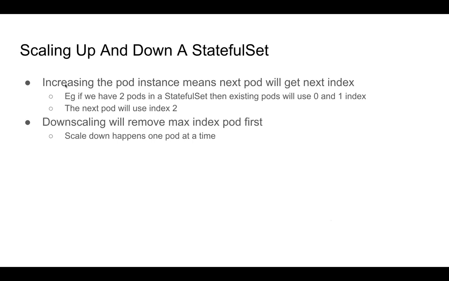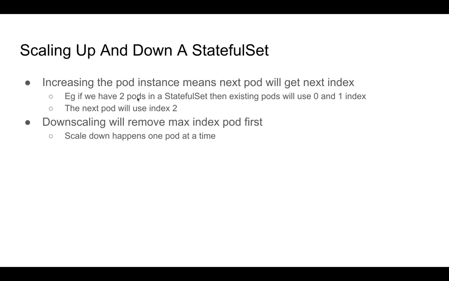Now, when you are scaling a stateful set up and down, today you have 3 instances of a stateful set. You want 4 or 5, and eventually from 5 you want to bring it down to 3. Your business might demand such scaling up or scaling down for stateful sets also. If you are increasing the pod instances, the next pod will get the next index.